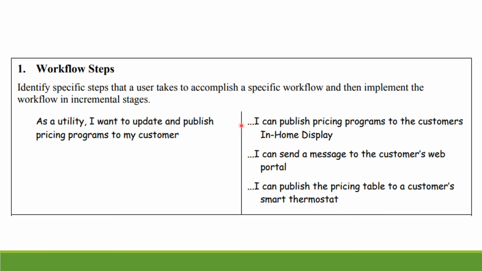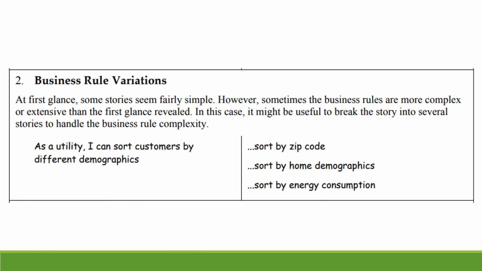So there are two or three steps while updating and publishing pricing programs: an in-home display, then a message to the customer web portal, and then publishing on a smart thermostat. These are the workflow steps.